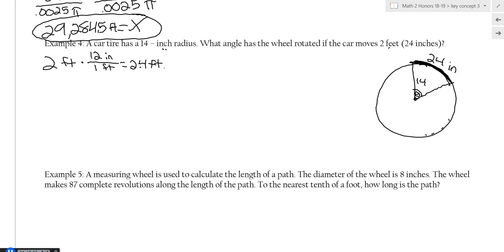So now when I set up my problem, I have arc length equals our angle over 360 times 2 pi r. I have a different set of things. I know my arc length is 24. Now I don't know theta, but I know my radius.